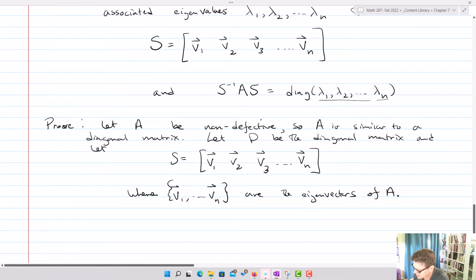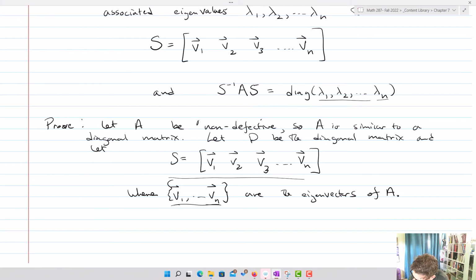Okay, so that gives us our setup. We're going to set up S this way. V1 through Vn, those are our vectors. A is non-defective, so that tells me that I have n vectors. Actually, I should say let A be a non-defective n by n matrix, so I've got n of them.